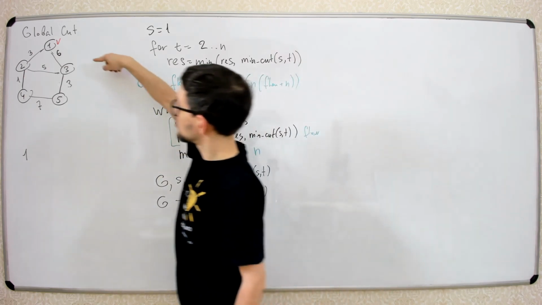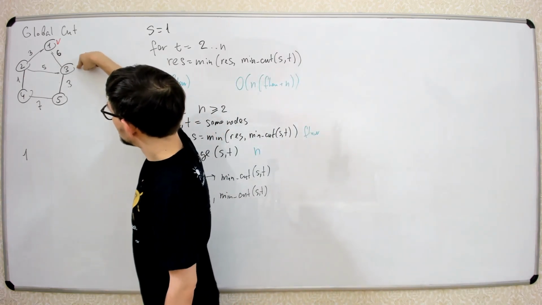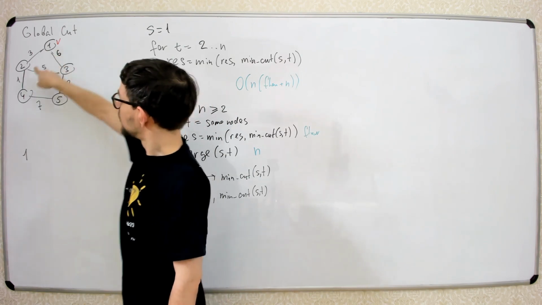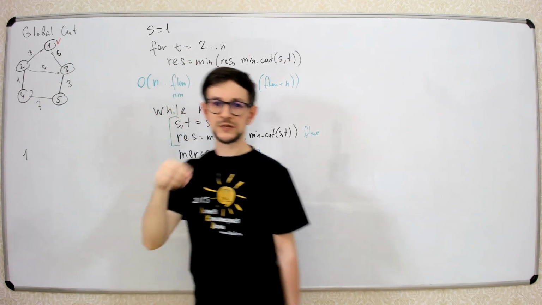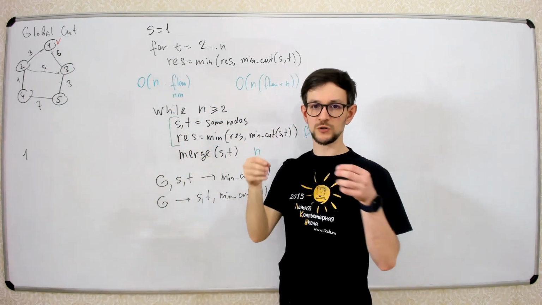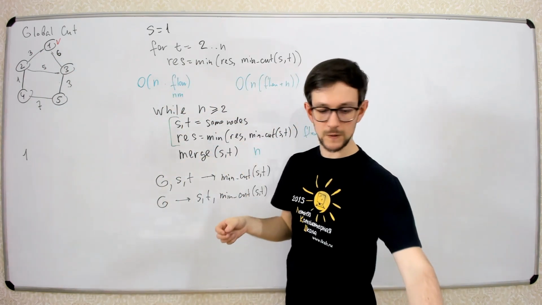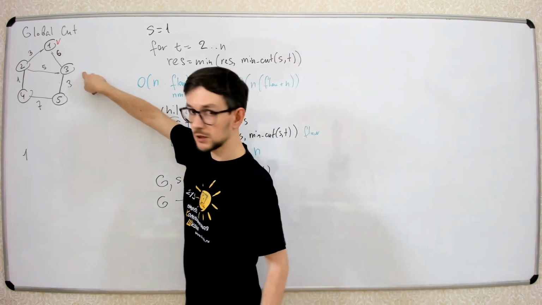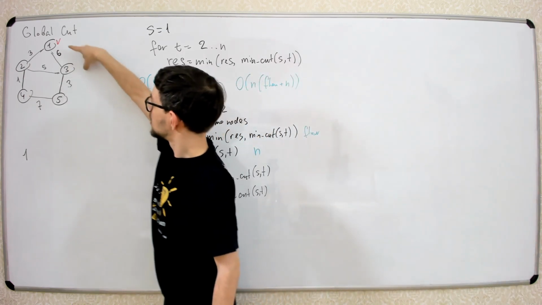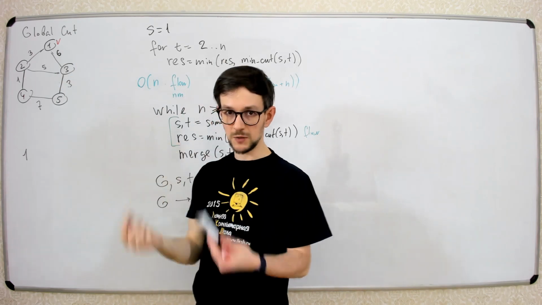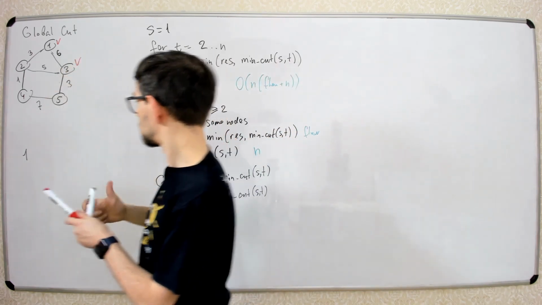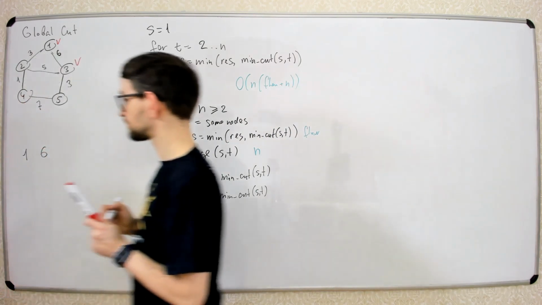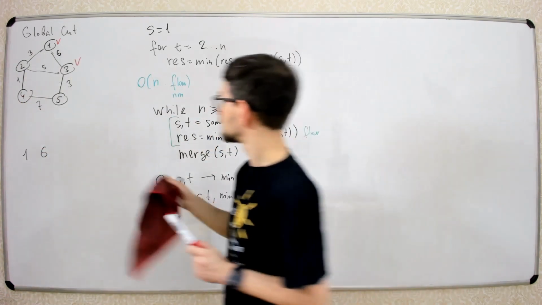For example, for this node, this sum is 6. For this node, this sum is 3. For these two it is 0. So we select the node which has the maximal total sum of these weights. In our case, it's node 3. So for node 3, this sum is 6. It's maximal possible, so we mark this node and put it here.